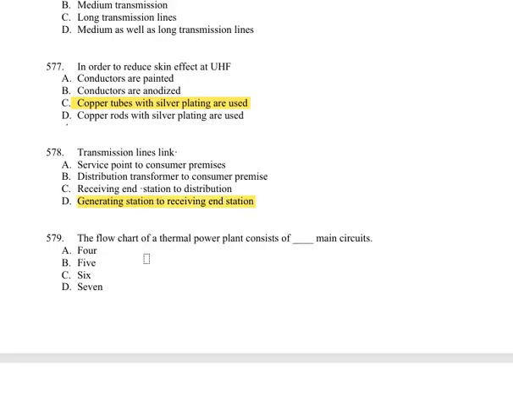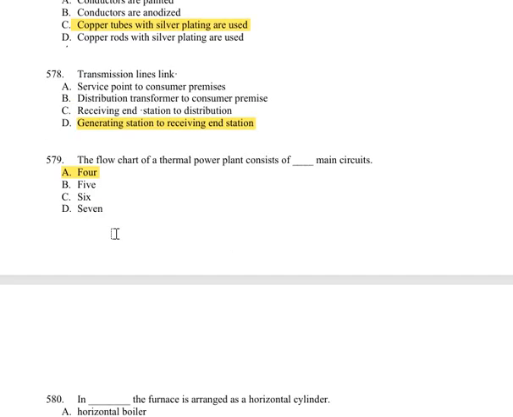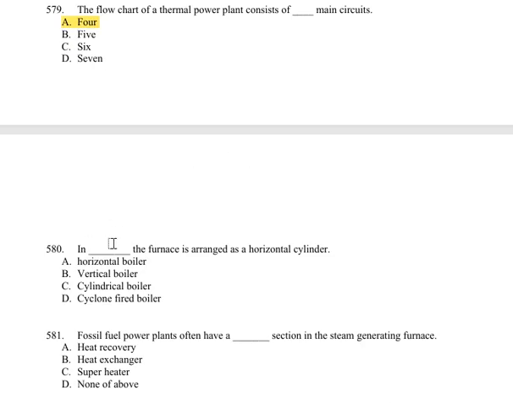Flowchart of a thermal power plant consists of four main circuits. In the boiler, the furnace is arranged as a horizontal cylinder, cyclone fired boiler.